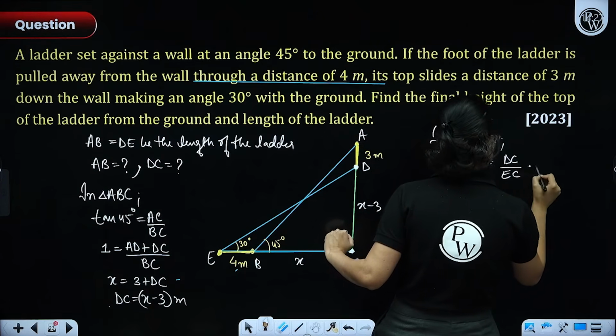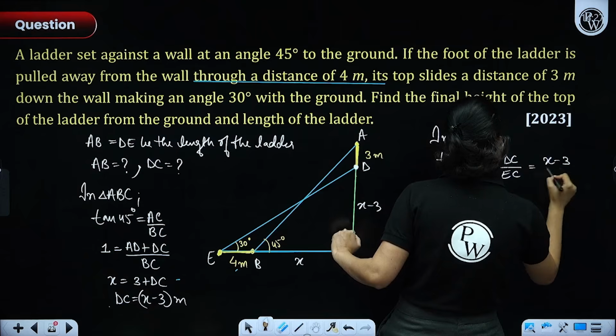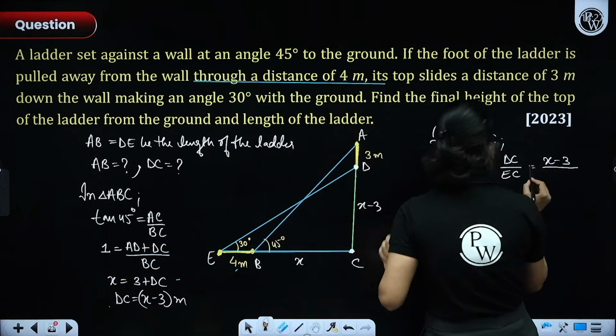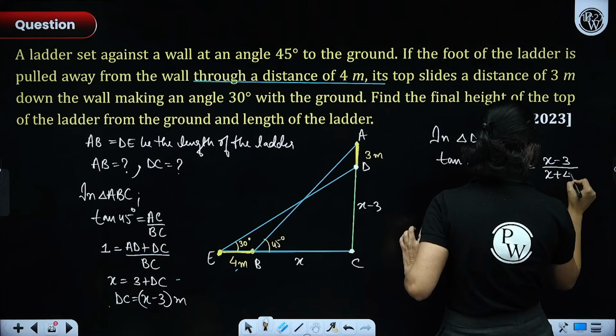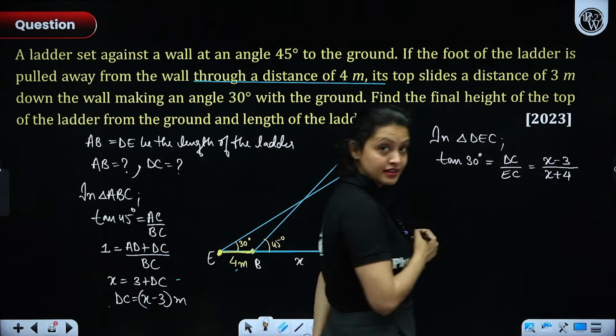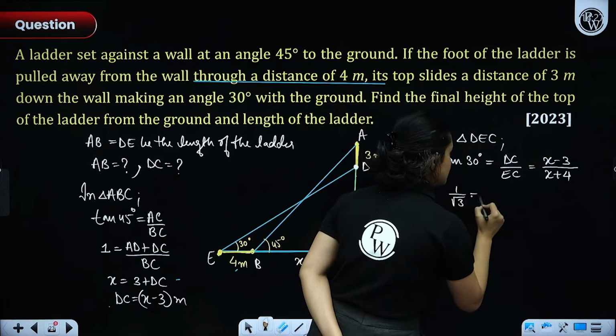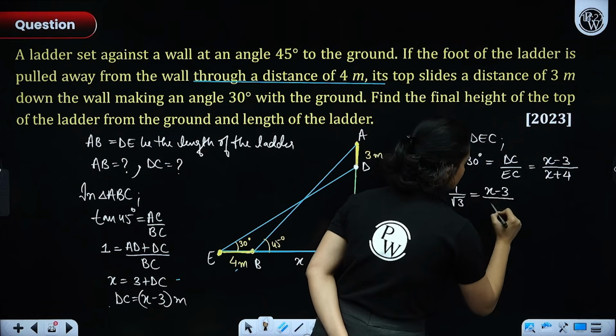Now DC I know to be x minus 3 and EC is EB plus BC, so 4 plus x, that is x plus 4. Tan 30 degrees is 1 by root 3. So 1 by root 3 is equal to x minus 3 over x plus 4.